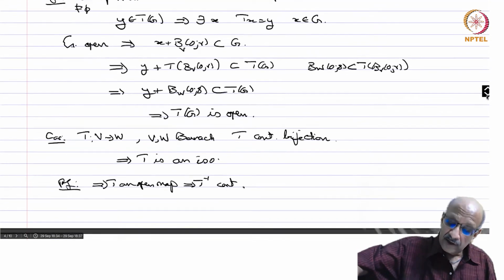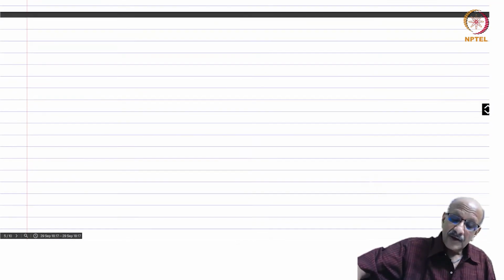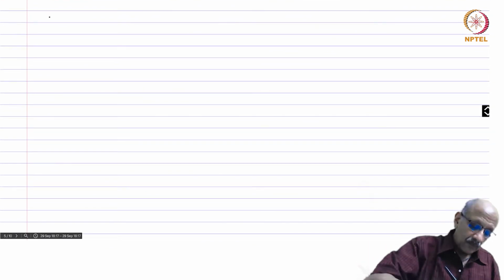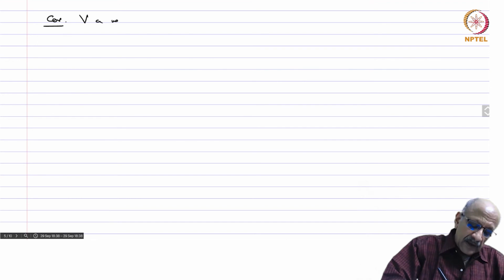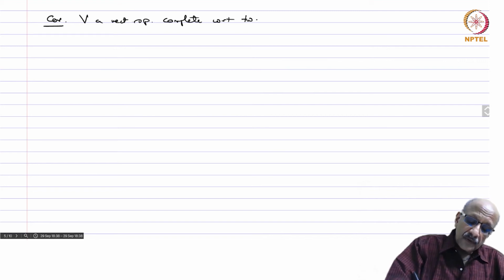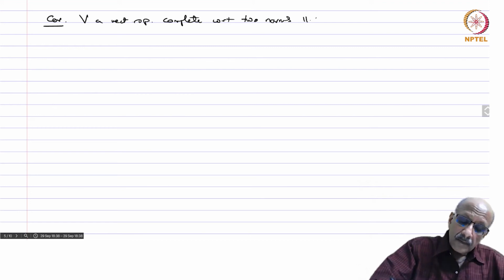So now this leads to another very interesting corollary. V, a vector space, complete with respect to two norms, norm 1 and norm 2.